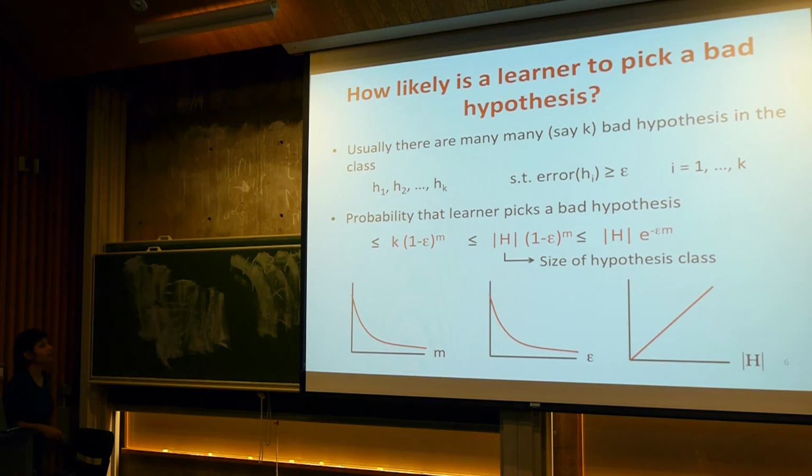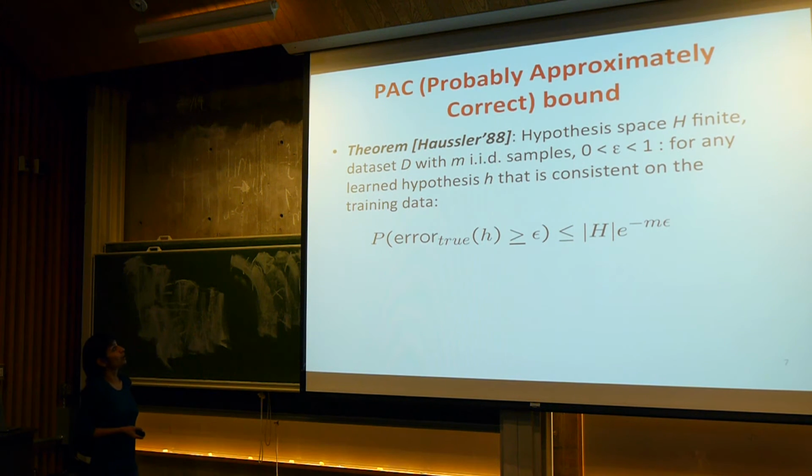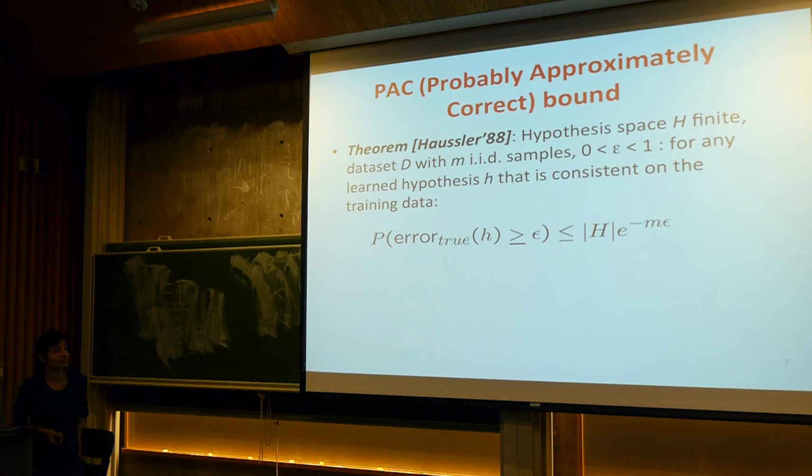Okay, so let's summarize this. What we just derived is known as a PAC bound, which stands for probably approximately correct bound. This was derived by Haussler in '88. Here's the formal theorem, but we'll talk in a minute about why it's called PAC.